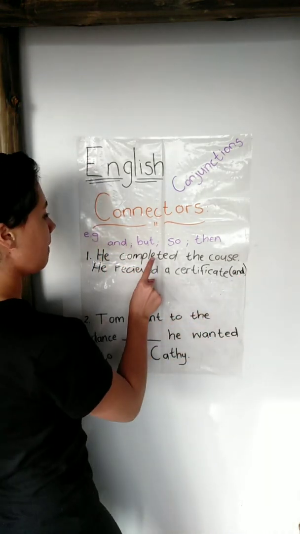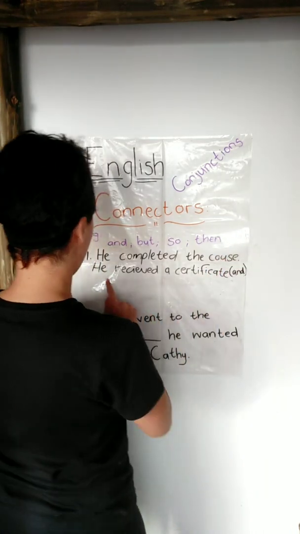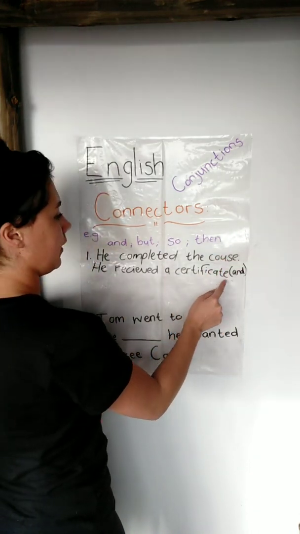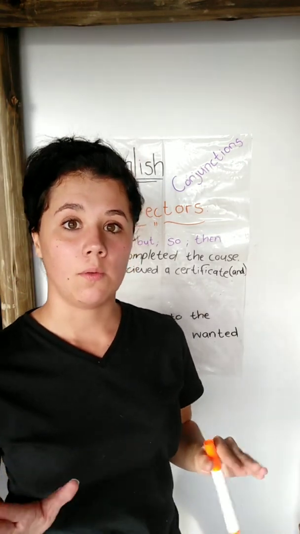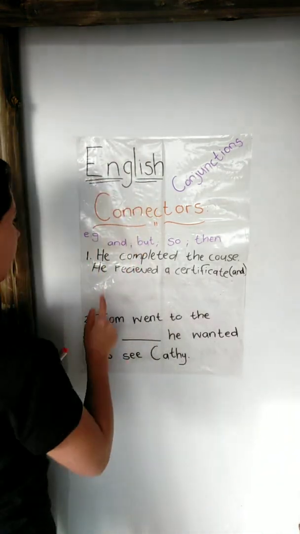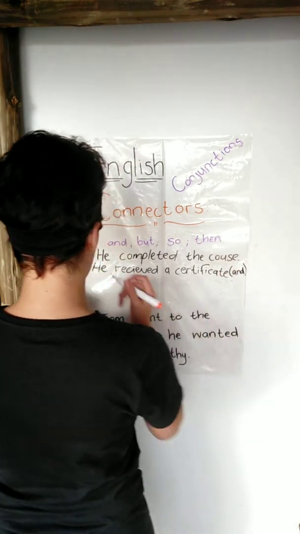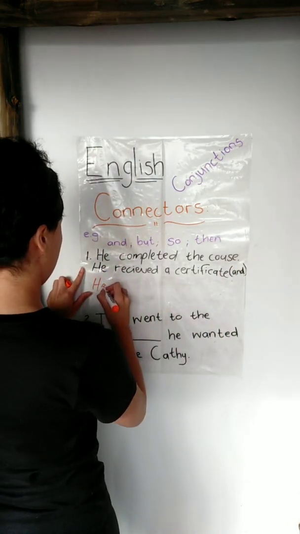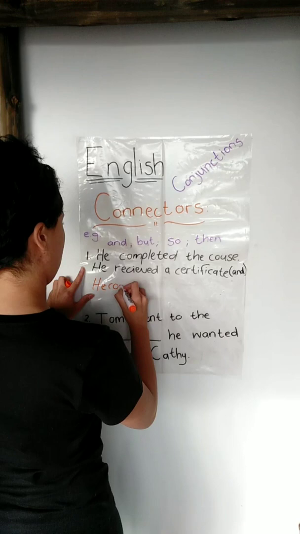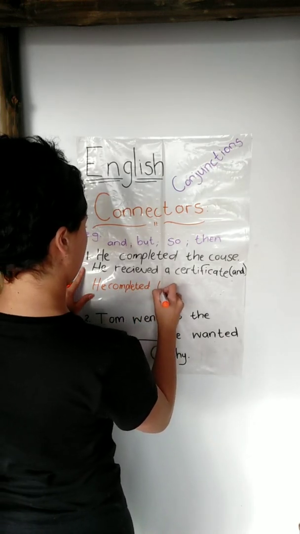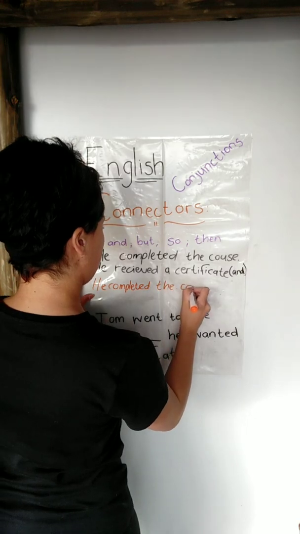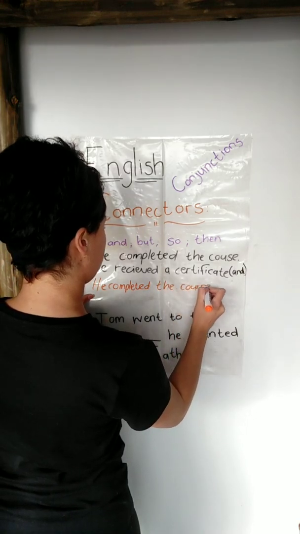So, he completed the course, full stop. He received a certificate, and in brackets the word and. Easy, easy, easy. What you're going to do now, rewrite the whole sentence without the full stop. So, he completed the course.